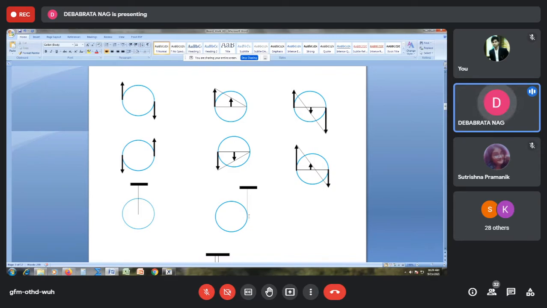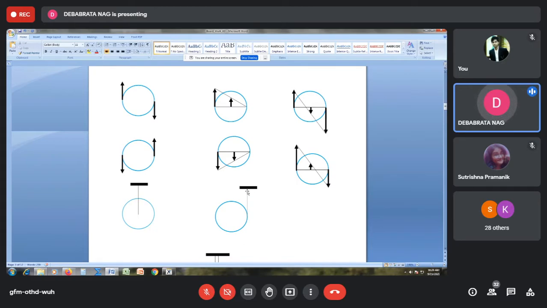You see, this end of the string is connected to this fixed ceiling. What does it mean? It means that the point of the string which is in contact with the pulley here is going to have 0 velocity, because the strings are inextensible. So all the points on the string must have the same velocity or the same acceleration.